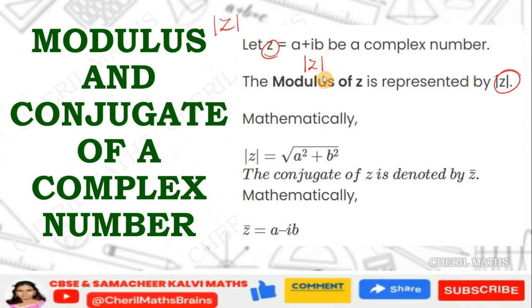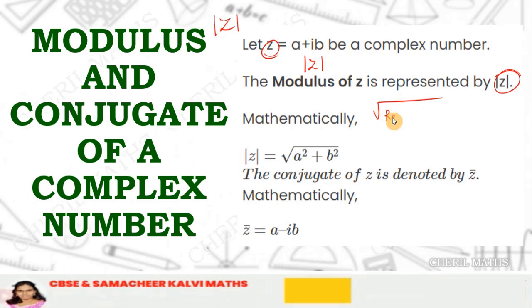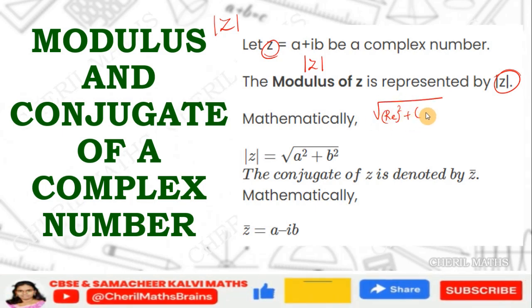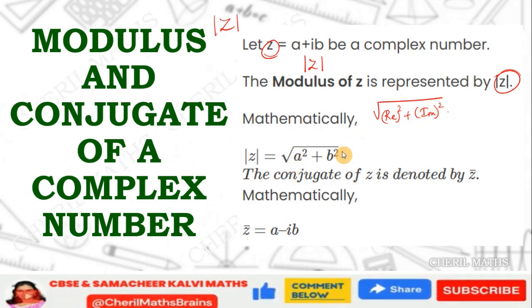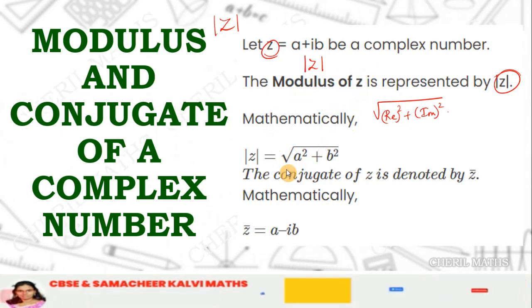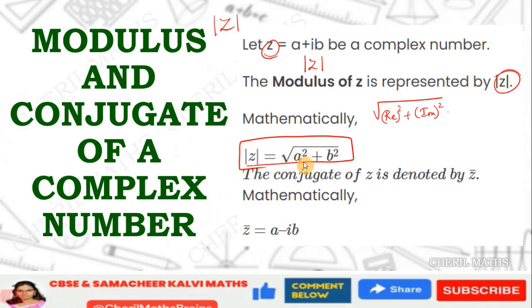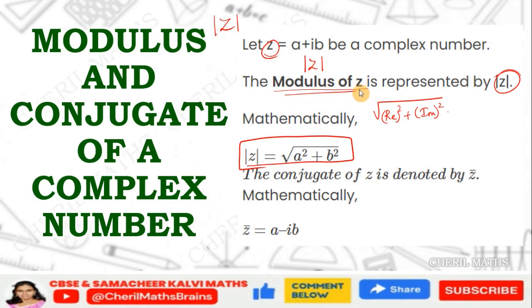Remember, the modulus of z will always be the square root of the real part square plus the imaginary part square, that is a square plus b square. So mod z equals the square root of a square plus b square.